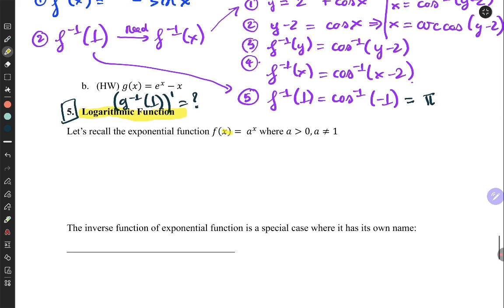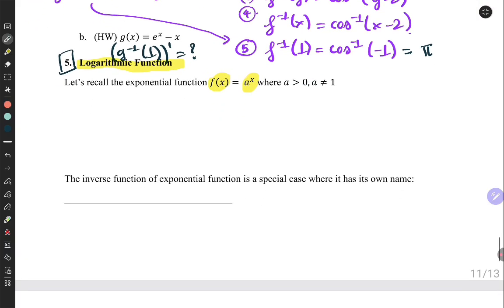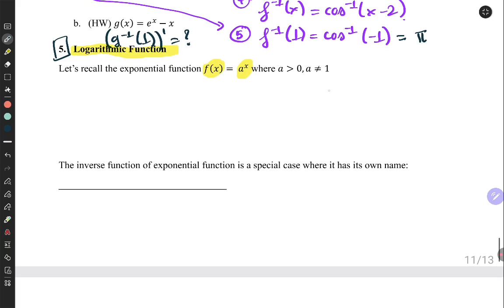Recall exponential: f of x equals a to the power x. Some conditions: a is greater than 0, a is not 1, because if you have 1, you just get 1 back. A is greater than 0 because you don't have a negative base.